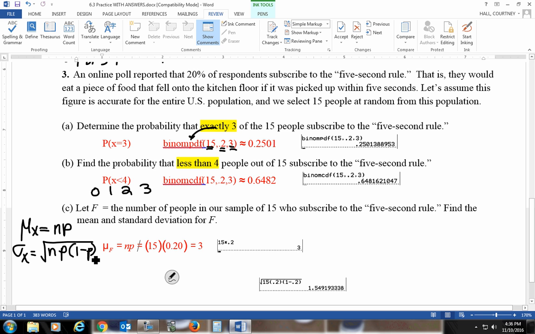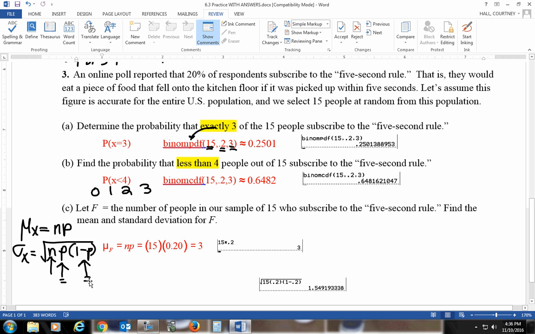So that's your number of trials times the probability of success times the probability of failure. Because 1 minus p, like if your p is 30%, then 1 minus p is 70%.